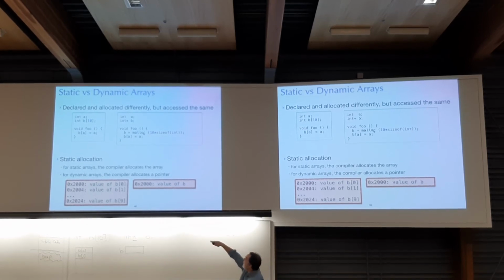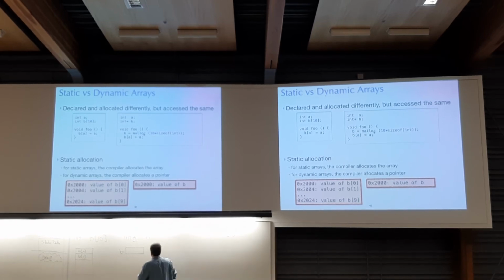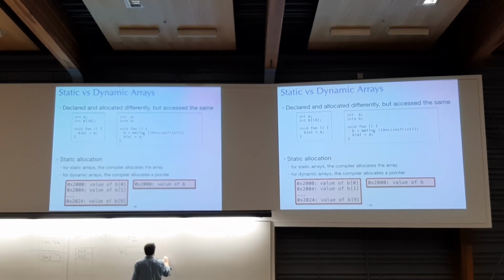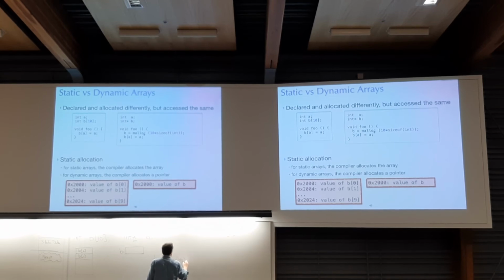Now once I've assigned it here, I said b equals malloc, I've created in the heap an array. And I say b equals.